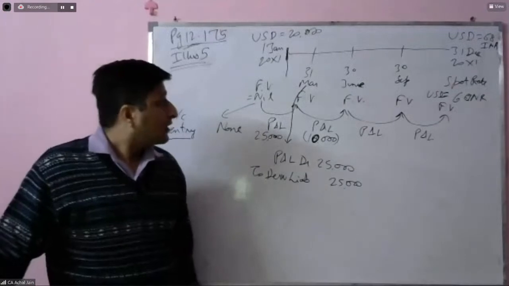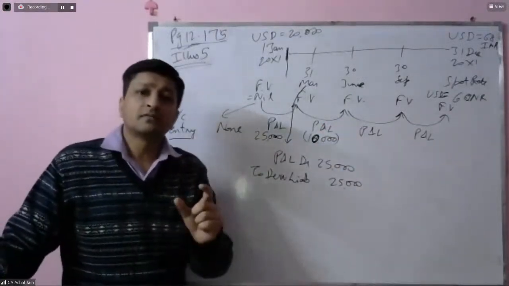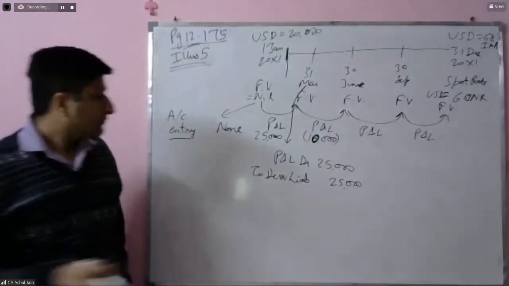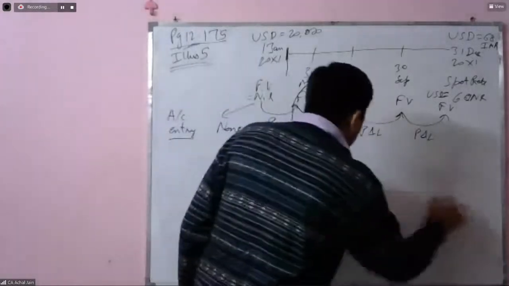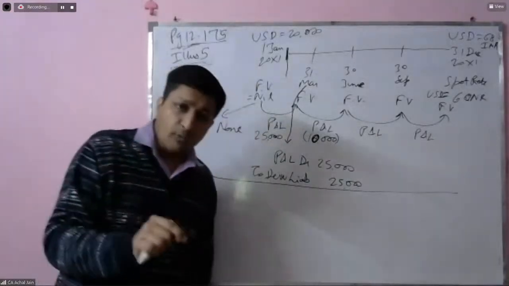Correct? Because on this date, this has become 15,000. That's why the change is negative 10,000. Now, if this is negative 10,000, what do we need to do? The derivative liability should now be reduced.